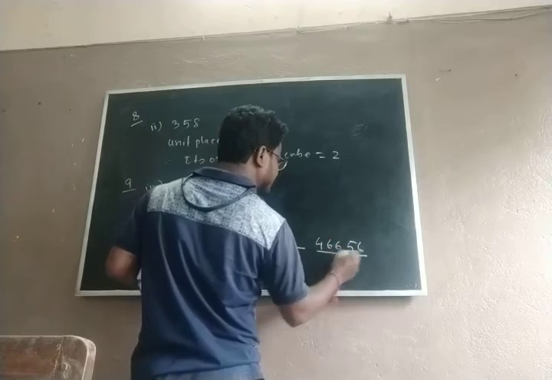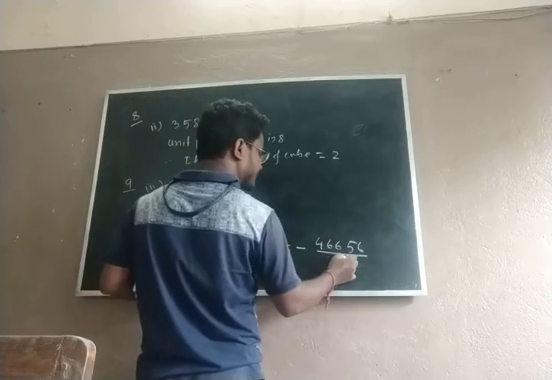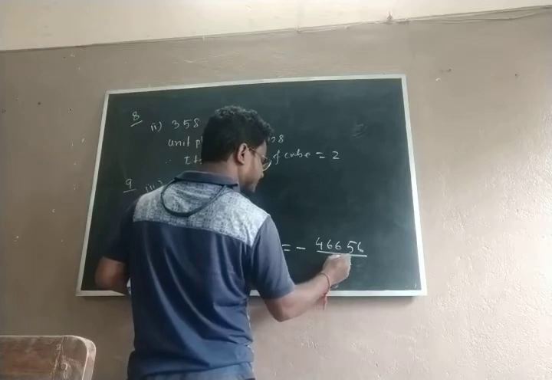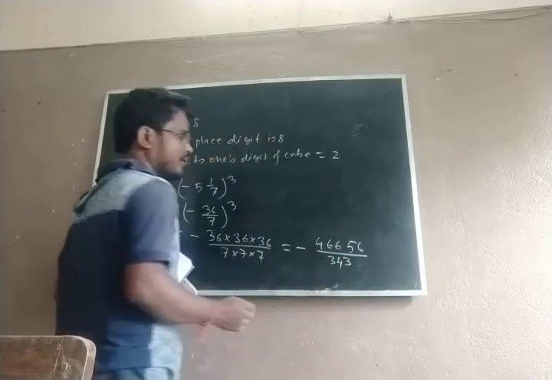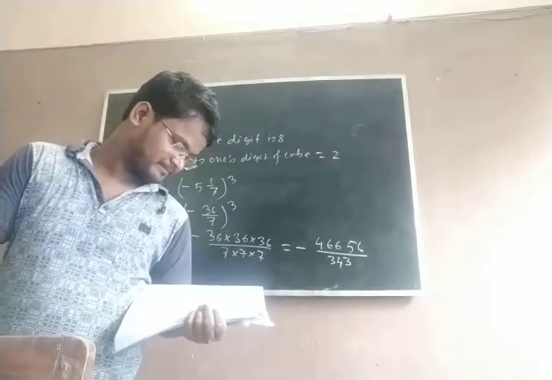By 7 into 7 into 7: 7 nines are 63, 7 fours are 28, which is 343. And you will convert by instruction.